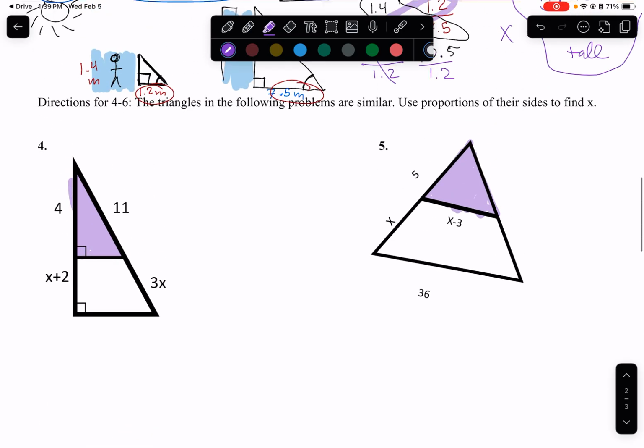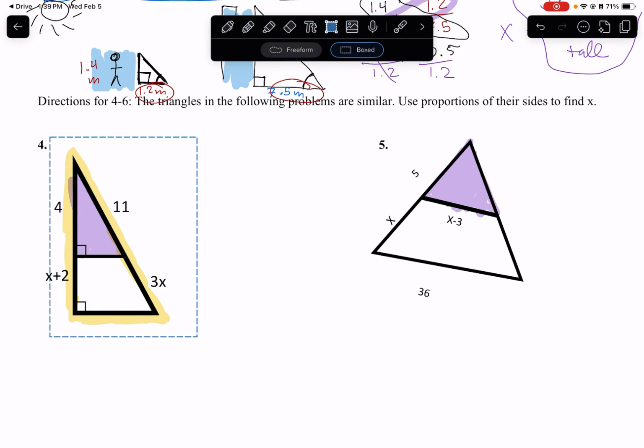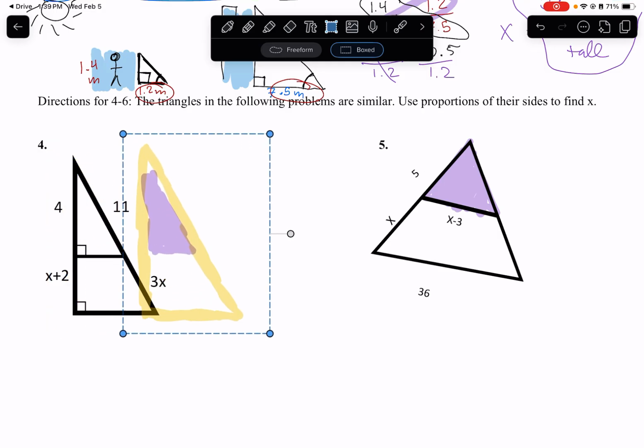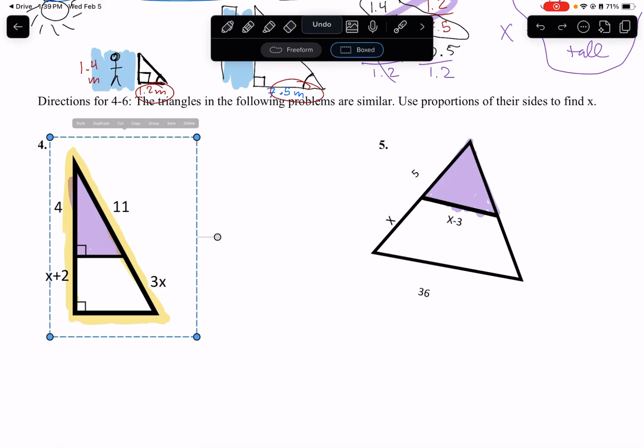Then there's a larger triangle that contains that one. This yellow triangle actually contains the purple one. So what I'm going to do is actually copy this.